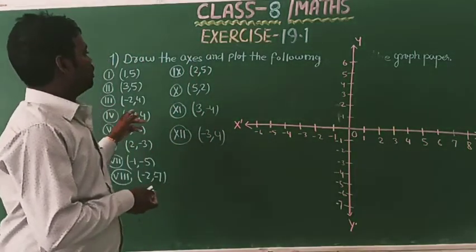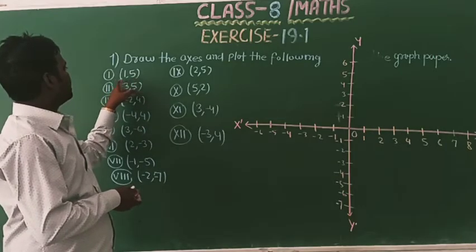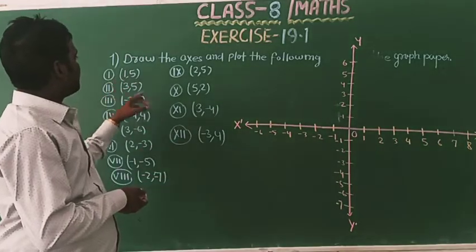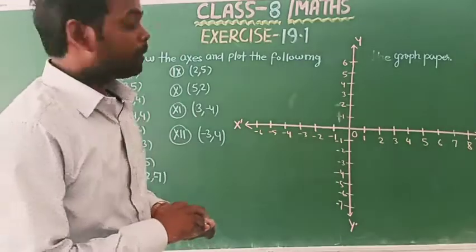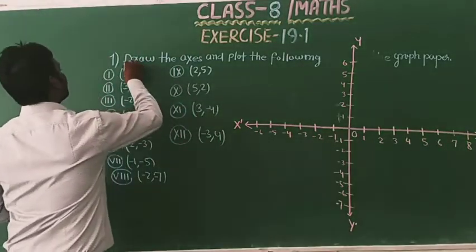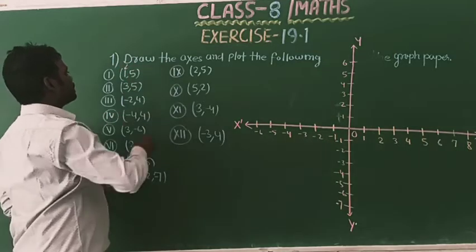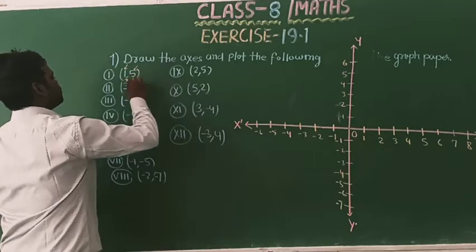Now we want to represent the first point, 1 comma 5. As we know, the first position is the x coordinate and the second position is the y coordinate.